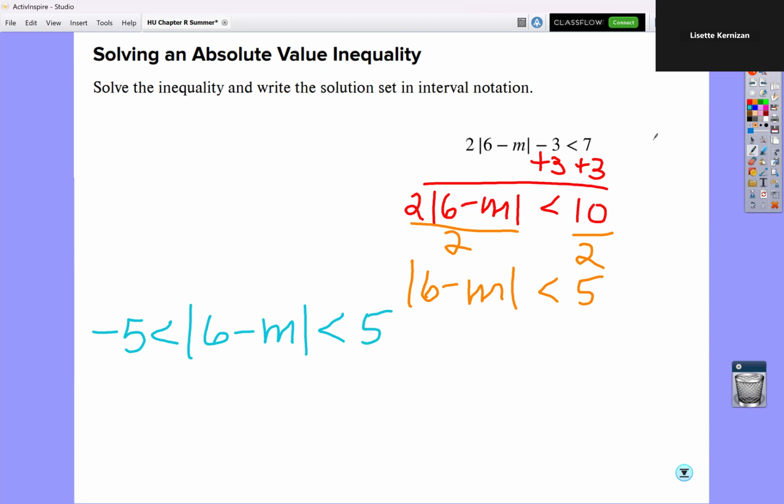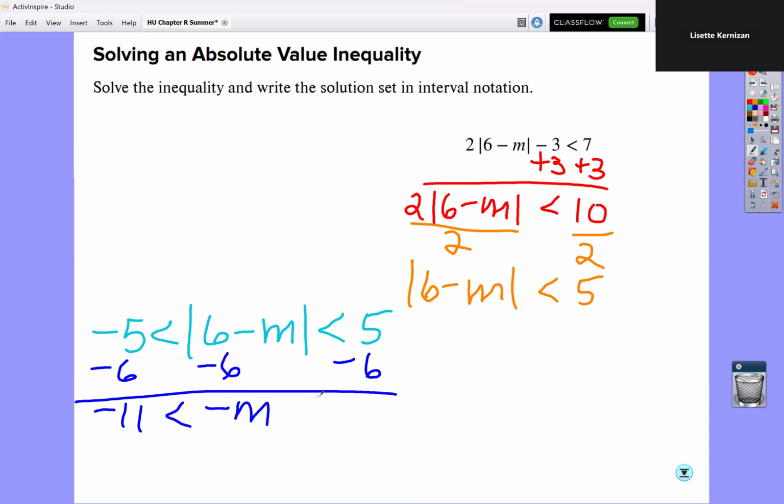All right, and then we want to continue to solve. So first thing we're going to do is subtract 6 from both sides. You get negative 11, and then you get negative m here, and then you get negative 1. We want to continue. We want to divide by negative 1 on both sides.